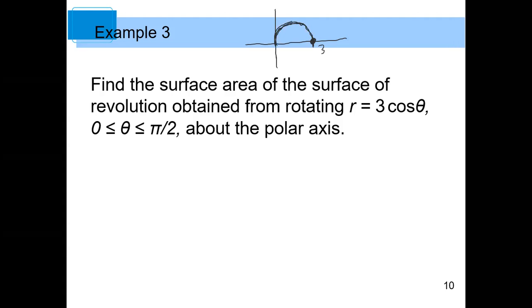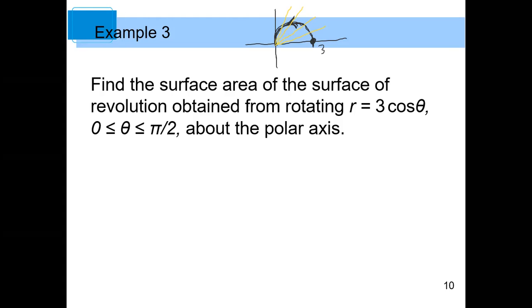So it decreases down to 0. I'm just thinking about various angles here, and the radius decreases all the way down to 0. In fact, r equal to 3 cosine theta is going to be a circle through the origin, just like 3 sine theta would have been a circle through the origin, but it would have been sitting on the x-axis.